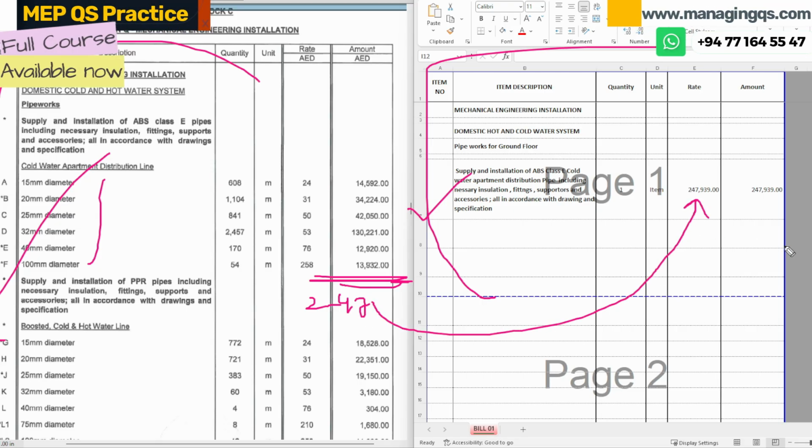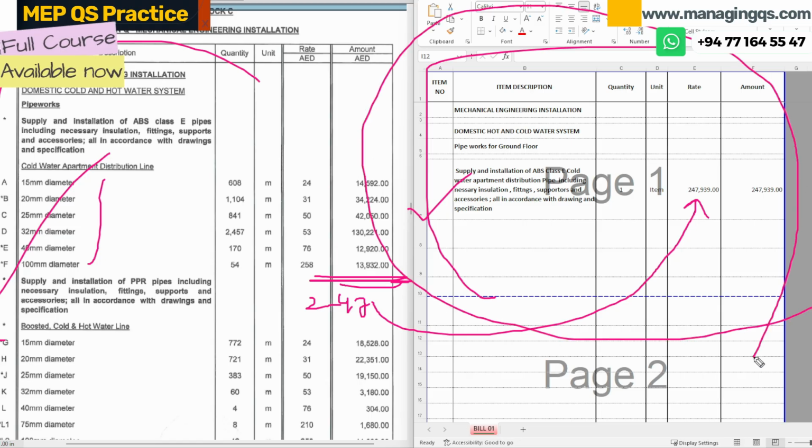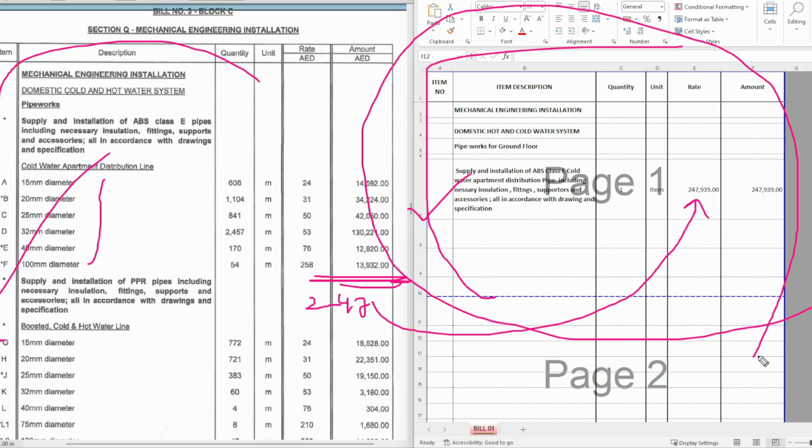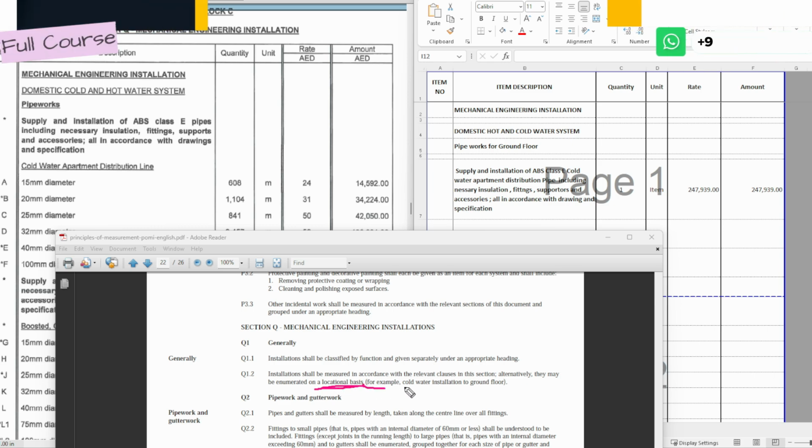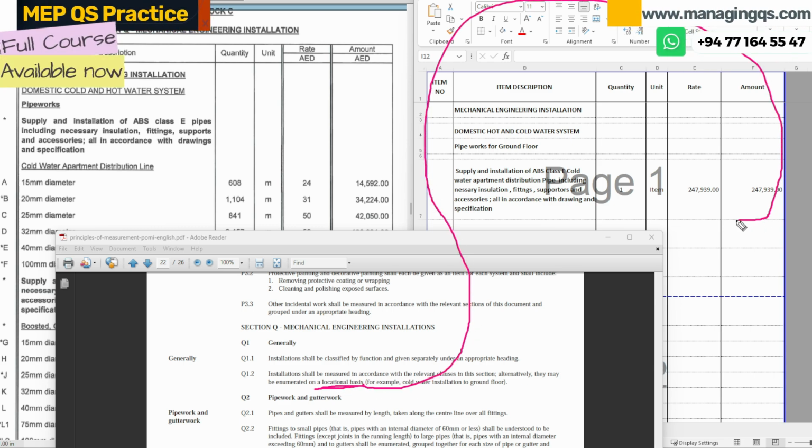So why do we have to produce a BOQ like the right side one? There is a very important reason in the tendering stage, which we will discuss. Before discussing this reason, the standard method of measurement POMI says the location basis measurement practice BOQ format is the right side BOQ. The other way is our general practice BOQ, which is also correct, but different.